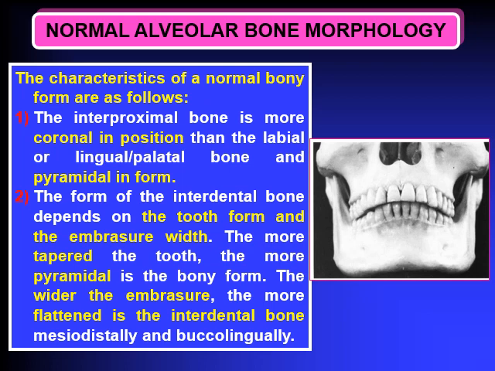But the form of the interdental bone depends on the tooth form and the embrasure width. So the more tapered the tooth, the more pyramidal is the bony form, while the wider the embrasures, the more flattened is the interdental bone mesiodistally and buccolingually.